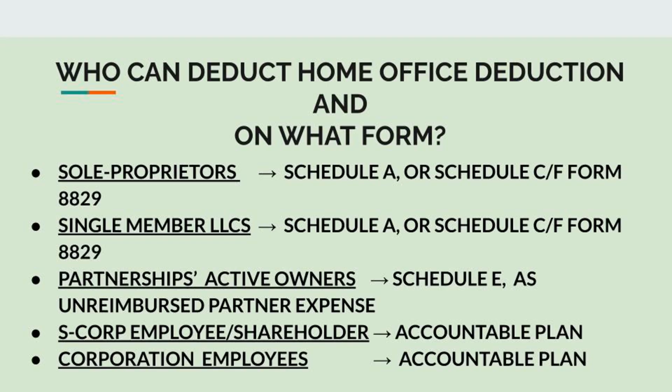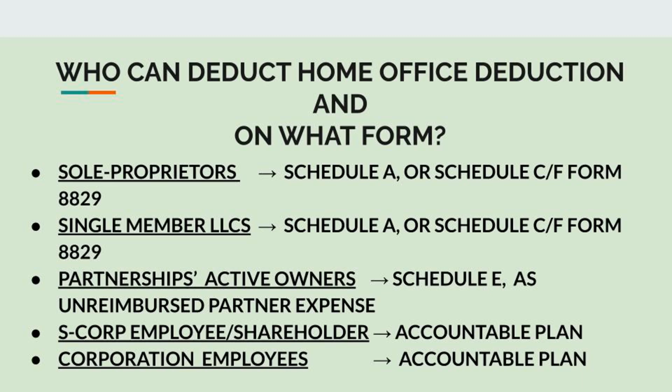Now, who can deduct the home office deduction and on what form? There are different types of taxpayers out there, and in the same manner, there's a different form that you need to use based on what type of taxpayer you are. If you are a sole proprietor, that is, you're reporting your income on Schedule C of Form 1040, you would use Form 8829.